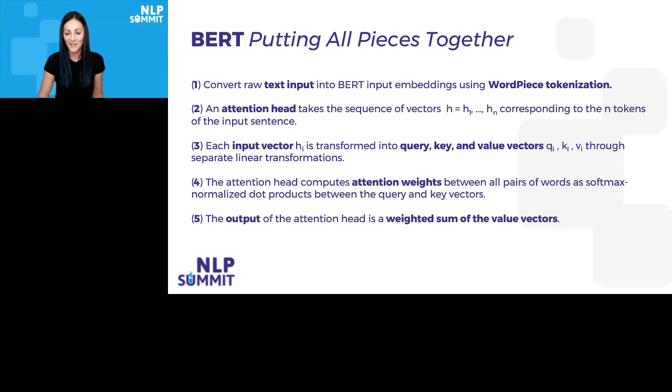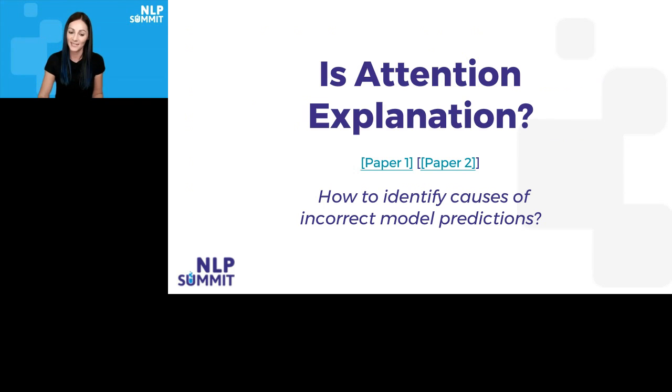So let's come to the fun part and visualize. And part of this discussion is really, is attention an explanation of the model? And I've linked here 2 papers because this is an area of active discussion. So one part of the research community says attention doesn't explain, right? It just shows you the patterns. And other parts in the research community are actually saying it is an explanation.